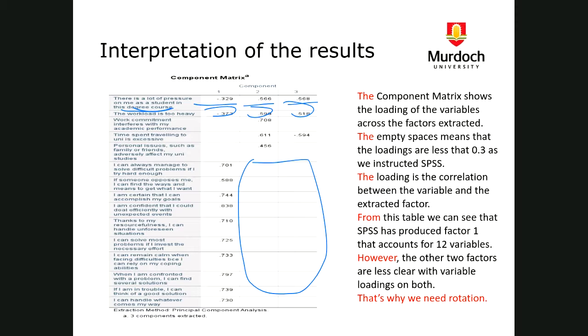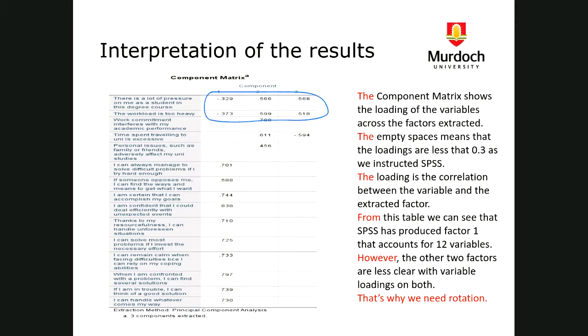And we can see that those variables are loaded on 3 factors. But we don't want the variables to be loaded on 3 factors. We want each factor to have its own variables.